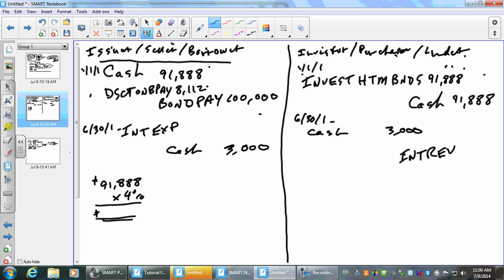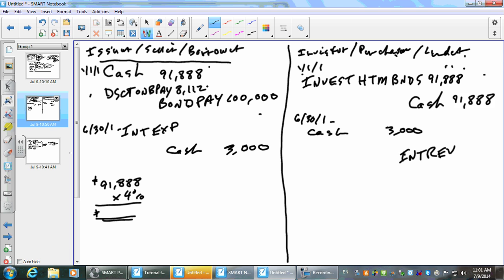The author shows both the effective and straight line. Ignore straight line. Nobody uses it. Don't worry about it. I'm not going to test you on it. What you do with straight line is you take that discount 8,112 and divide it by the number of payments, 10, and that would be how much you amortize each time. It's simpler, yeah, but nobody does it, so why would you do that? They don't do it because it doesn't represent economic reality, and effective interest method does.